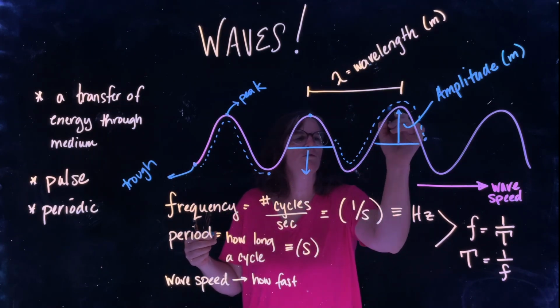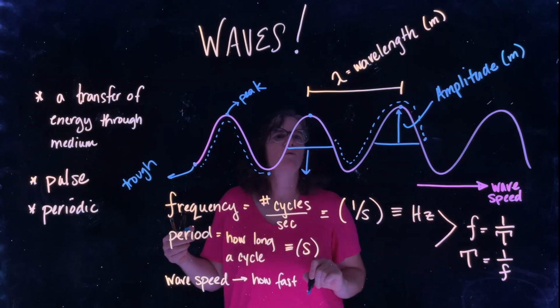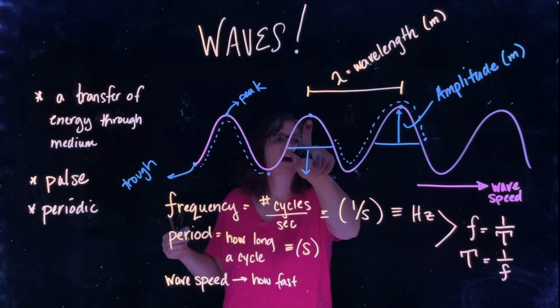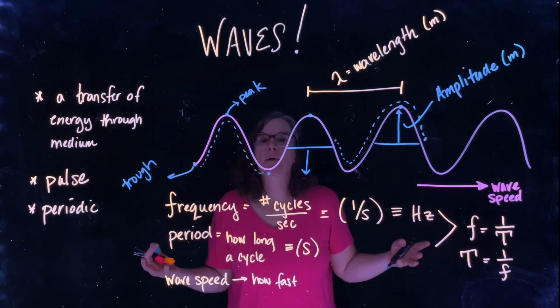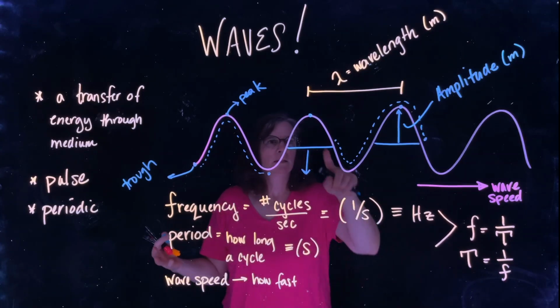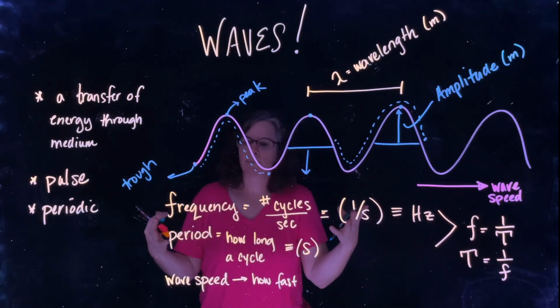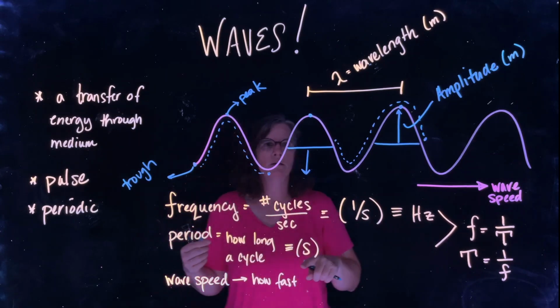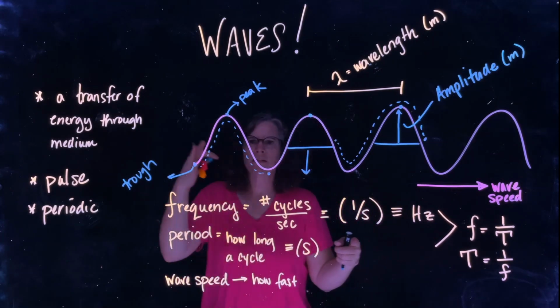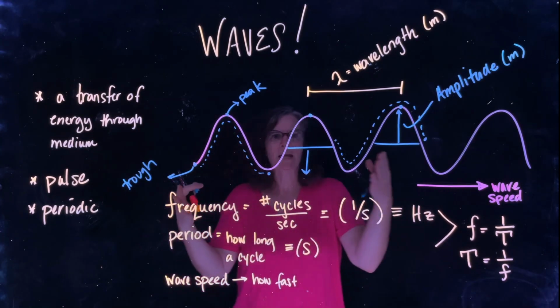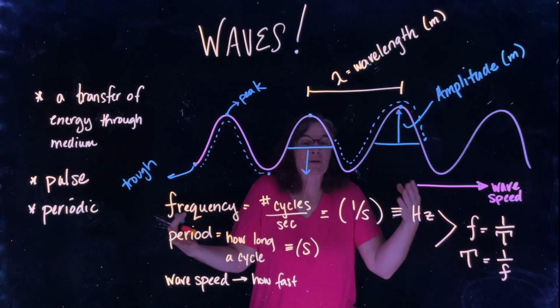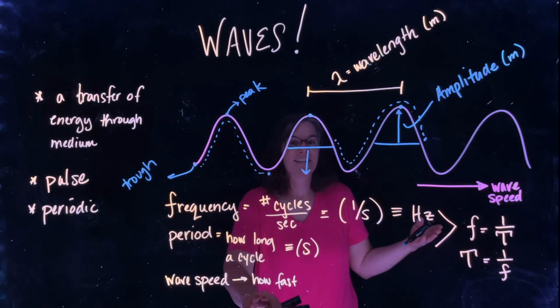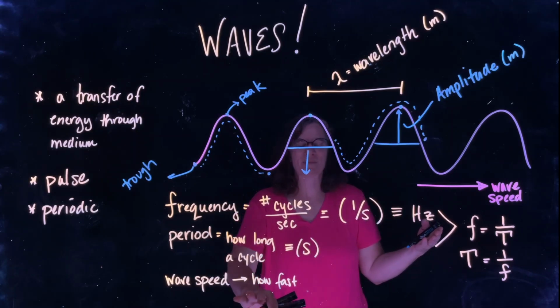And I get to this other wavelength. It has covered a distance equivalent to the wavelength. In how much time? Well, peak to peak is 1 period, so it covered that distance in 1 period. So the distance per period gives me that distance per time speed relationship.